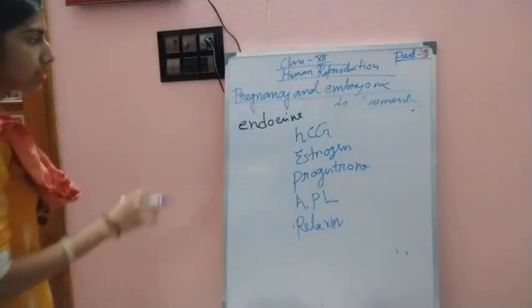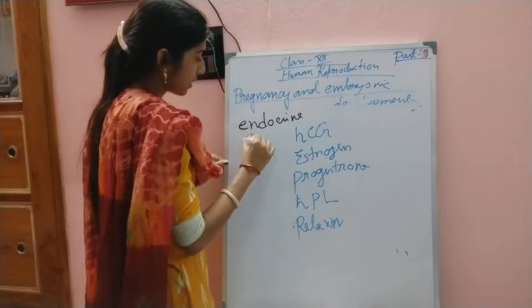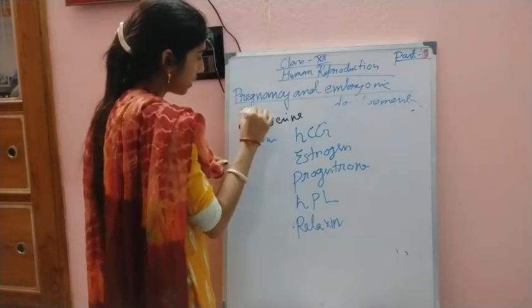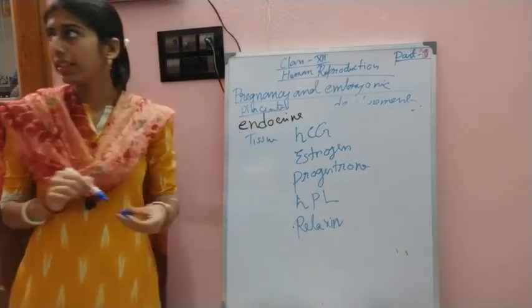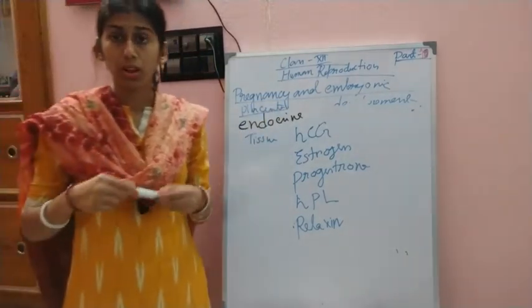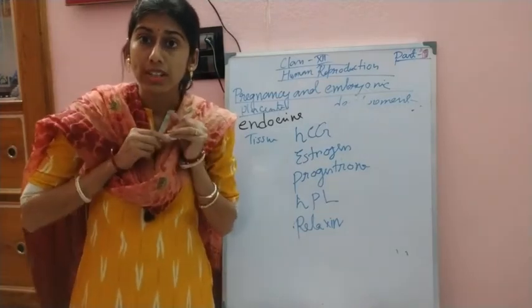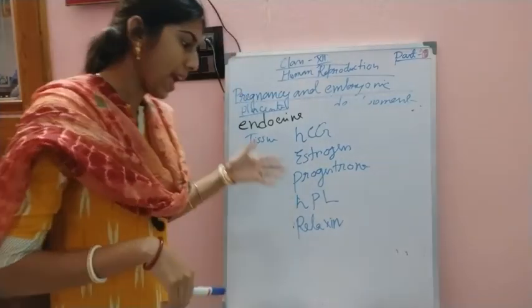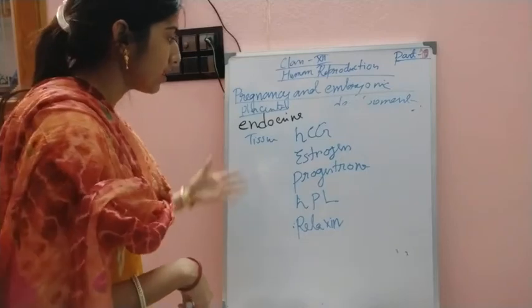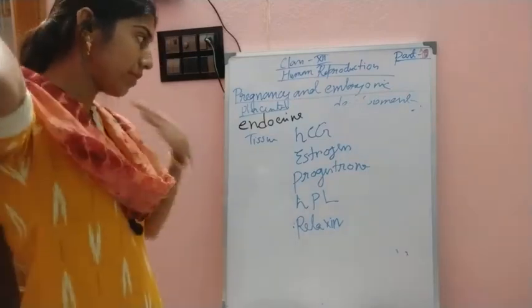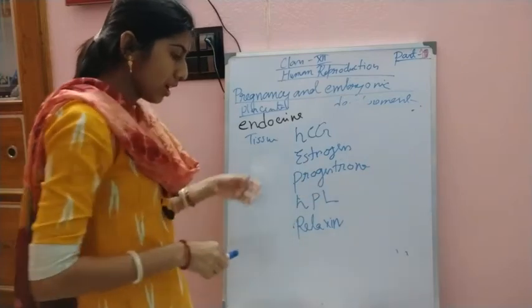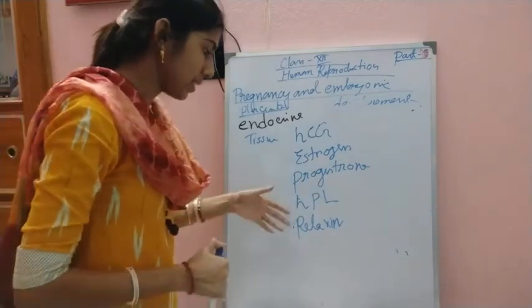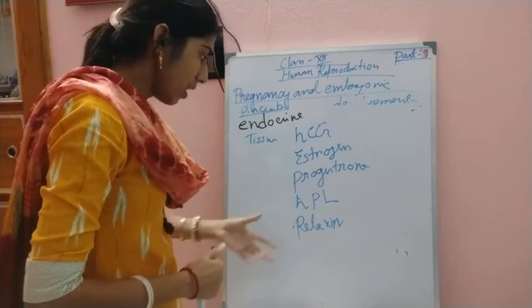The placenta also acts as endocrine tissue, and some hormones released from it are HCG, human chorionic gonadotropin, which maintains its level after pregnancy, and another is estrogen, progesterone, HPL, human placental lactogen, and relaxin.